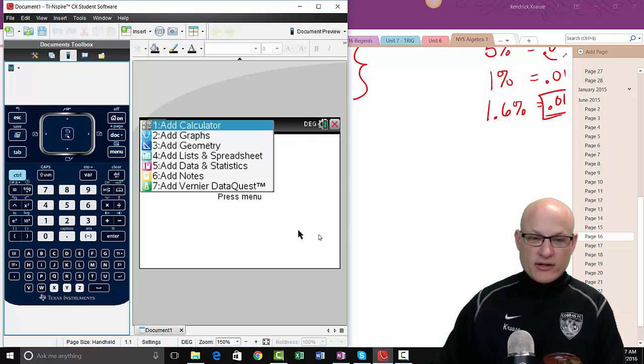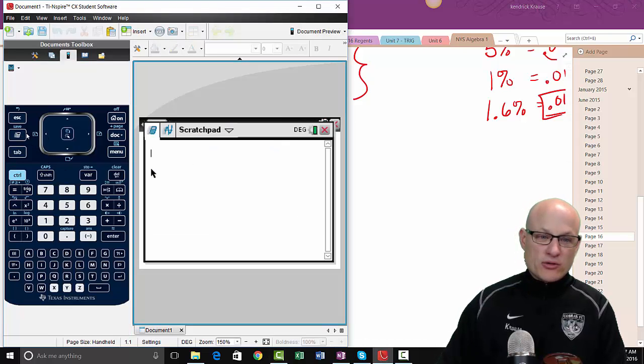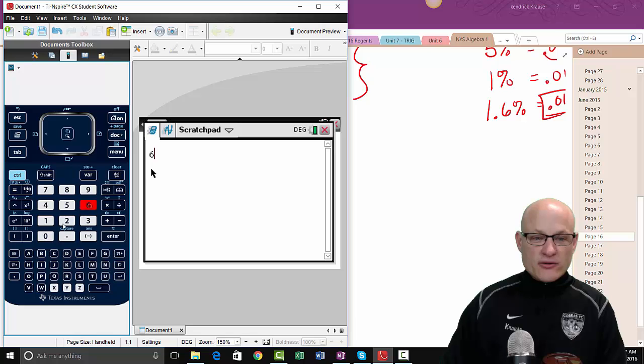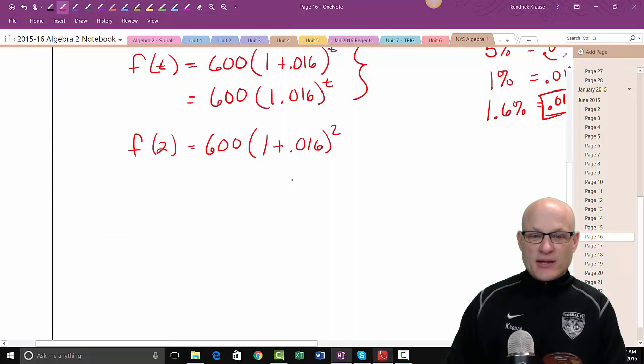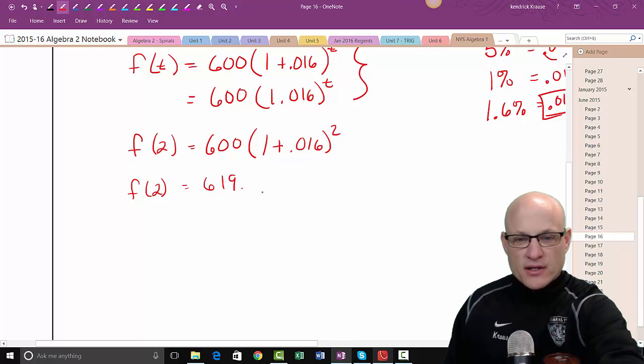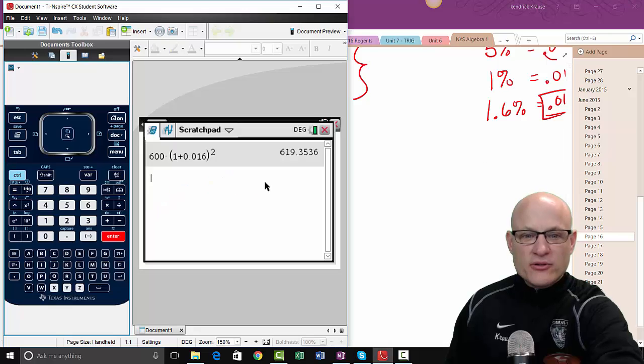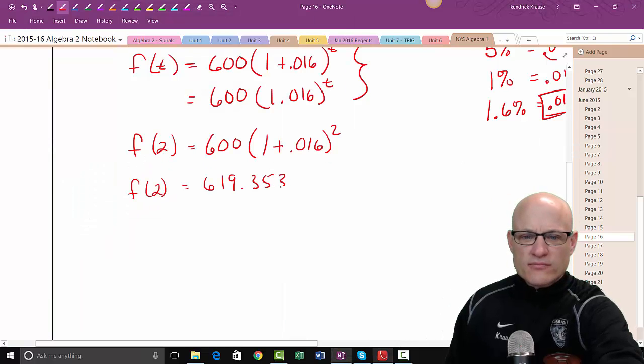So I come back over to my calculator, go into calculator mode. I go 600 times, parenthesis, 1 plus 0.016, parenthesis, and they said 2 years, squared. 619, I'm going to write it all out, f of 2, 619 point, I know it's 3536.